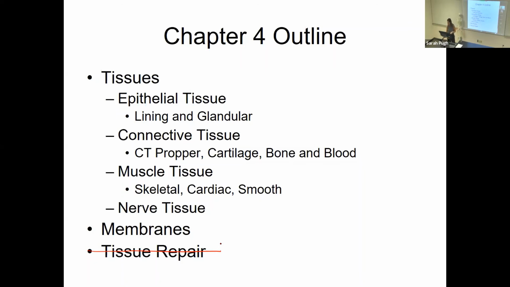So we don't do tissue repair in chapter 4. We're going to save it for the next chapter. Your chapter 4 lab PDF, now that we've gone through chapter 4, I would say now you can go on, and as long as you're familiar with your tissue types, now you can probably go in and do that lab PDF. You might be a little more confident doing that now.